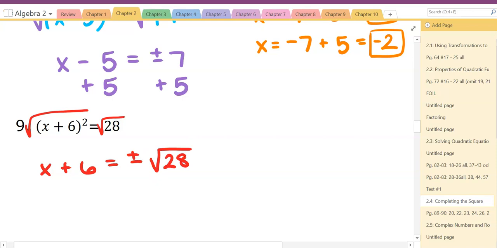Before I move that 6, let's see if we can simplify the square root of 28 at all. So think about your list of perfect squares. 4, 9, 16, 25, 36, and so on. Which number can go into 28? 25 can't divide.